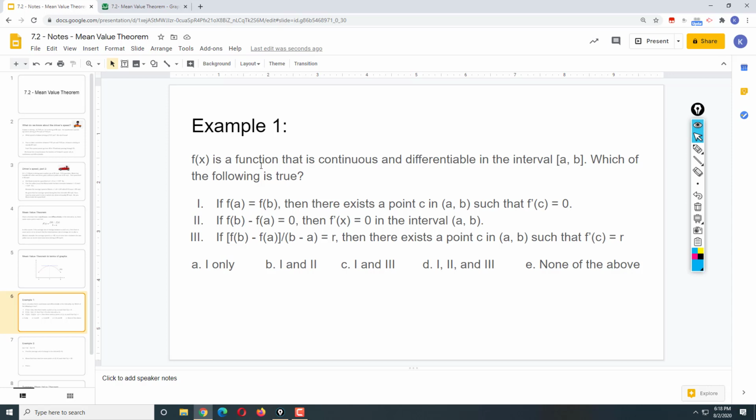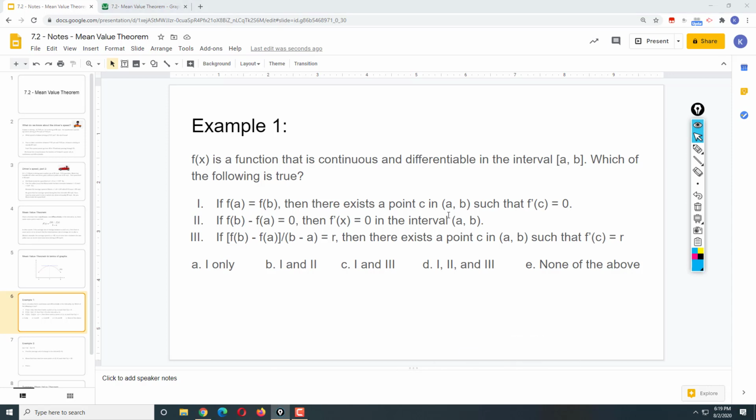That means this is an interval from a to b, including a and b. Which of the following is true? Statement 1. If f(a) equals f(b), then there exists a point c in (a, b) such that f'(c) is 0.